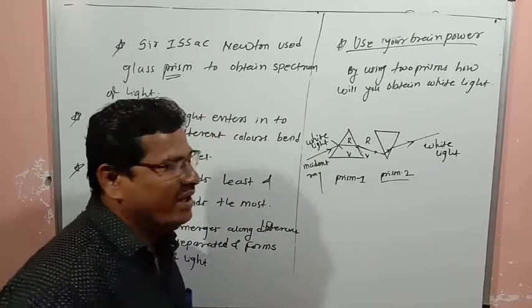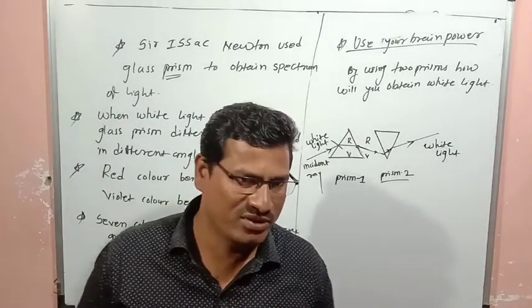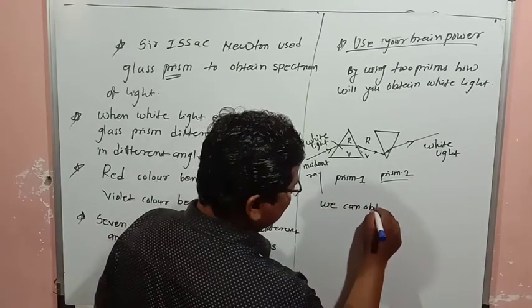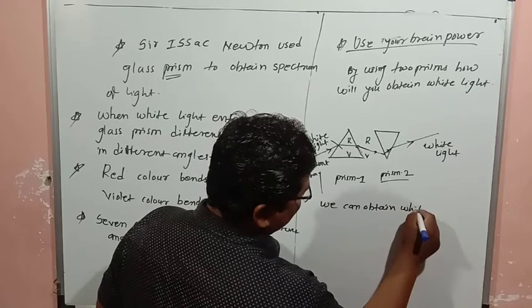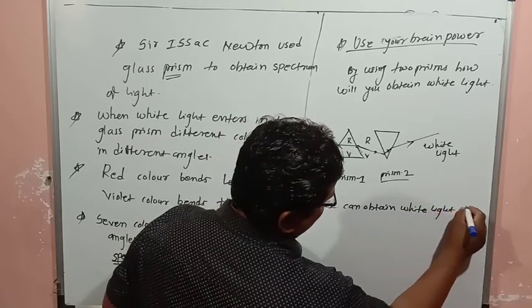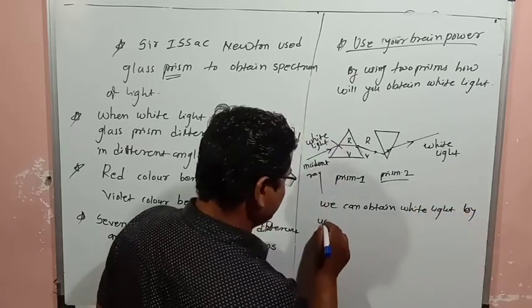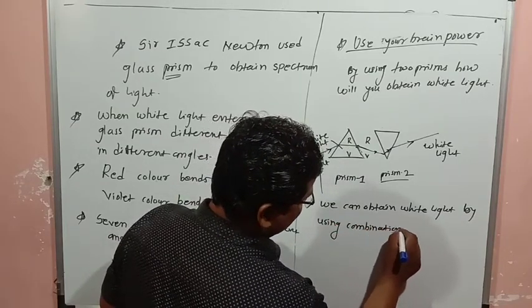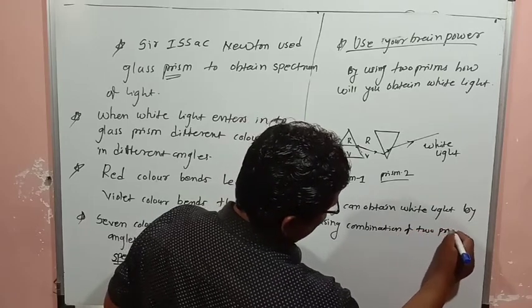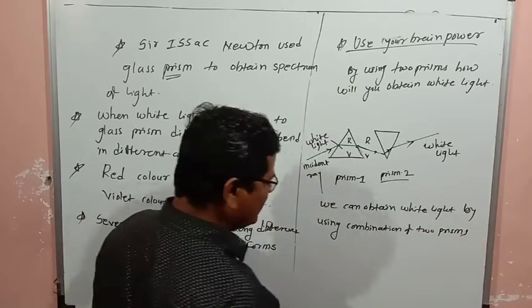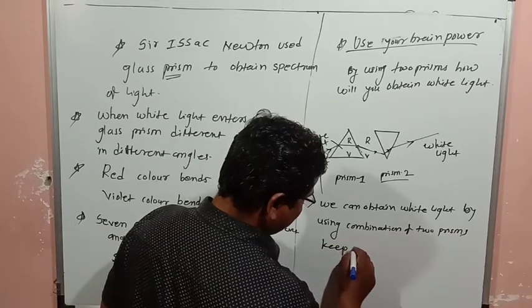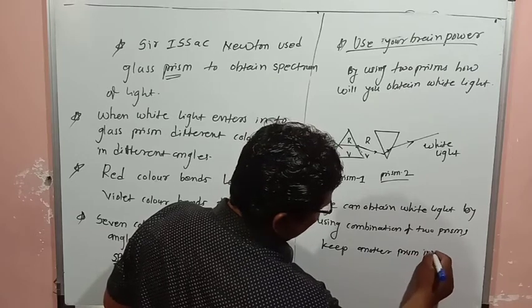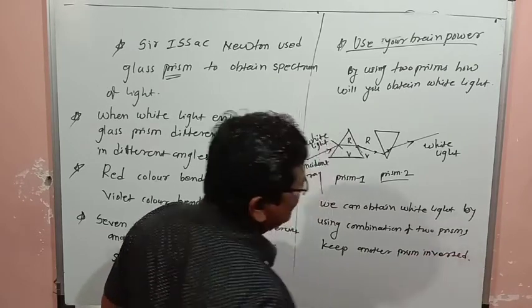So you can obtain white light by a combination of two prisms, keeping another prism inverted, upside down.